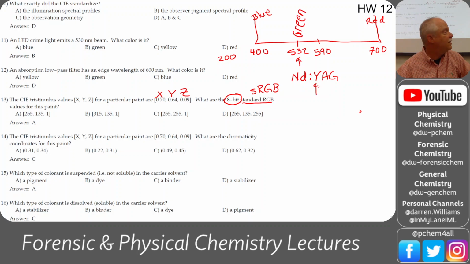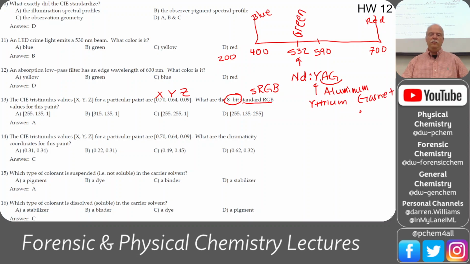What is Y? Y is over here under scandium, and beside strontium, that's yttrium, I think is how you spell it. And then this right here is aluminum garnet. So it's an aluminum garnet crystal.